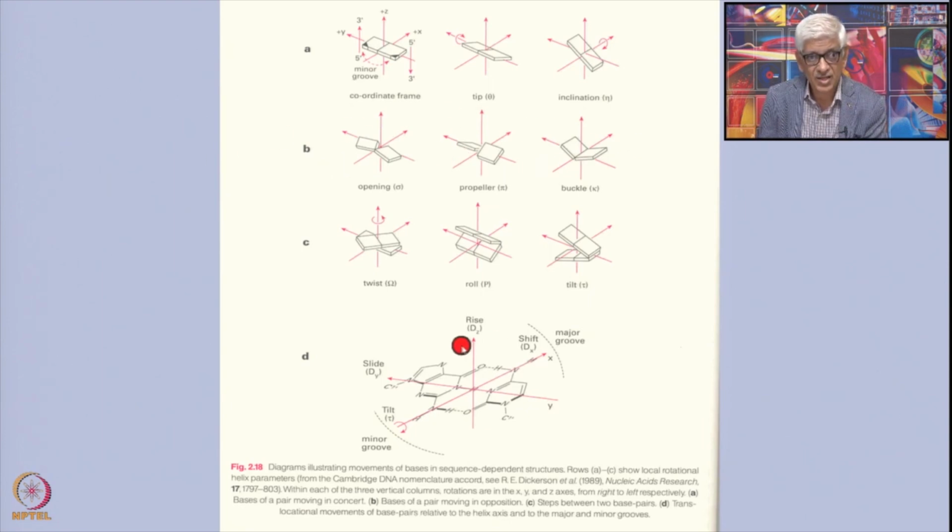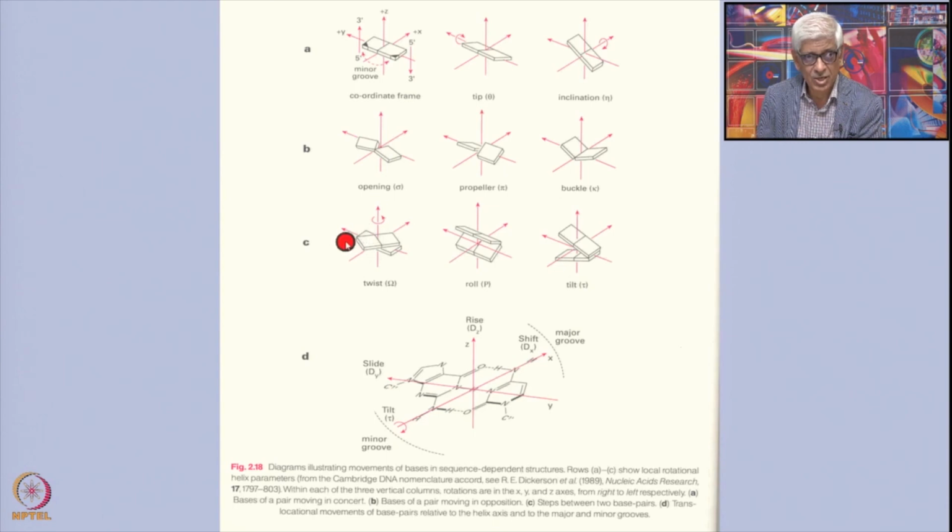Now you can also describe the relative orientation of two consecutive base pairs. If you look at two consecutive base pairs, a rotation around this particular axis will displace the two base pairs in this manner, okay.